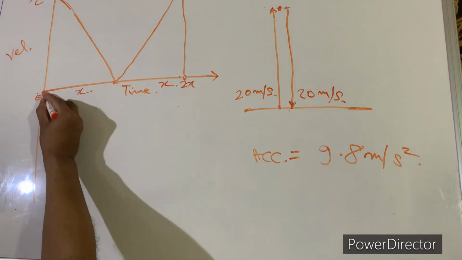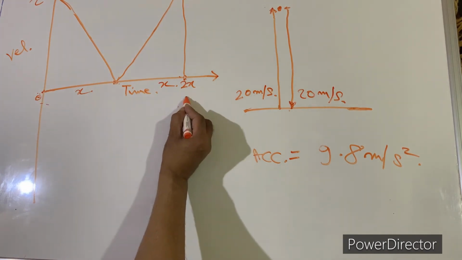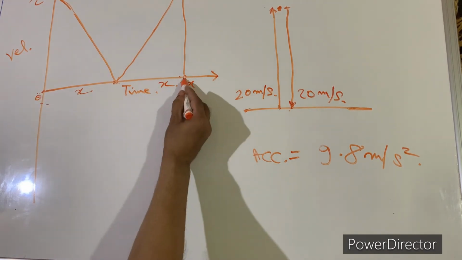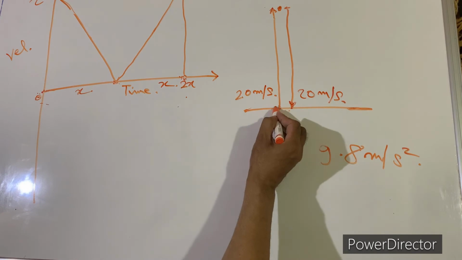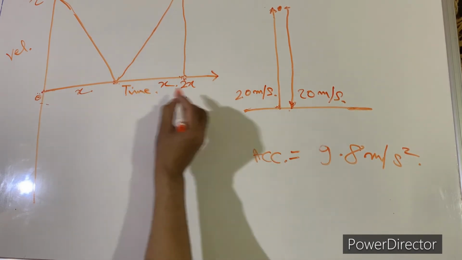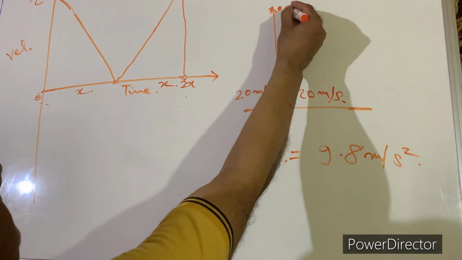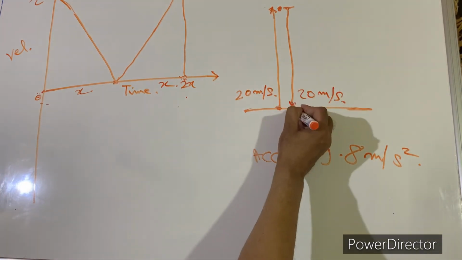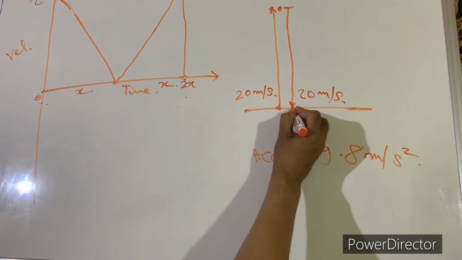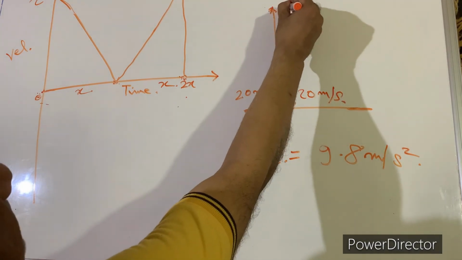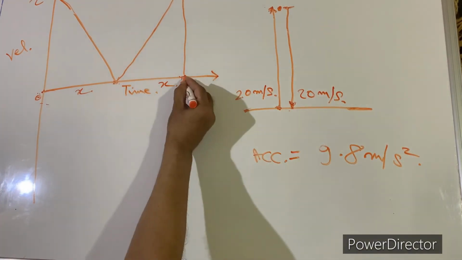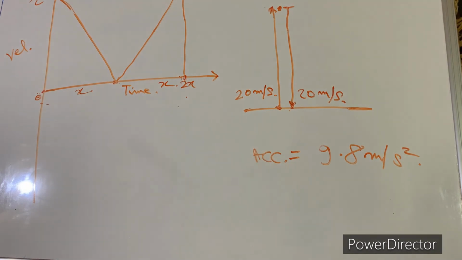Hence, what does this x-axis show you from here to here? This distance is 2x. 2x is the total time that it took the stone to travel upwards and then downwards to this point. That is the total time taken from here to the top, then the top to the ground again. The time is 2x.